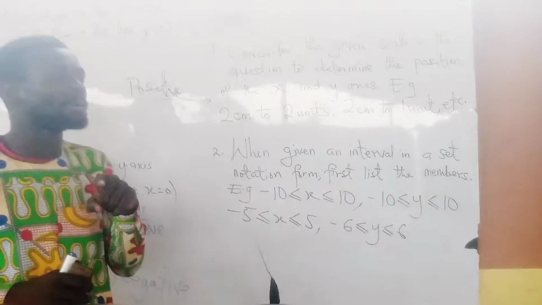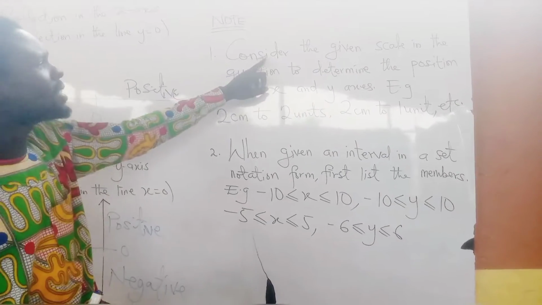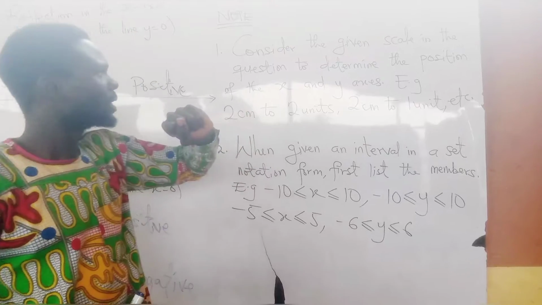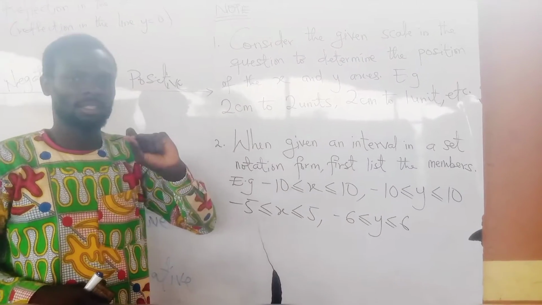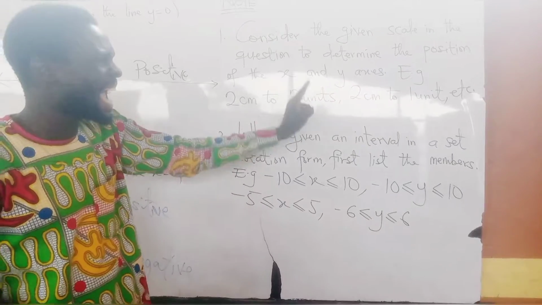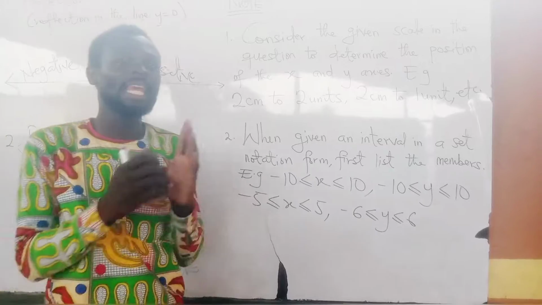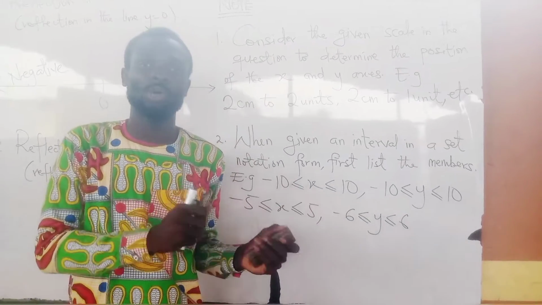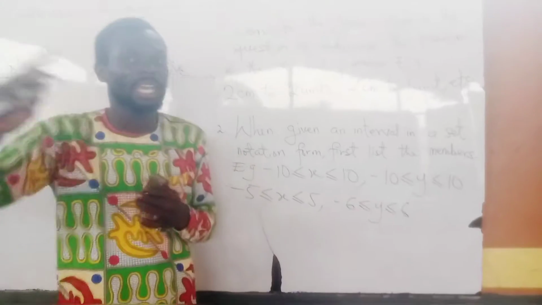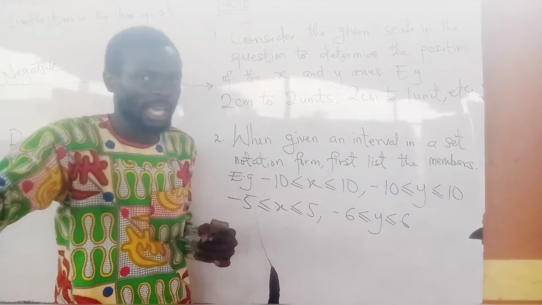The first one I'm going to say is that: consider the given scale in the question to determine the position of the x and y axis. When you are doing the rigid motion, whether reflection or any other one, you have to consider the given scale.